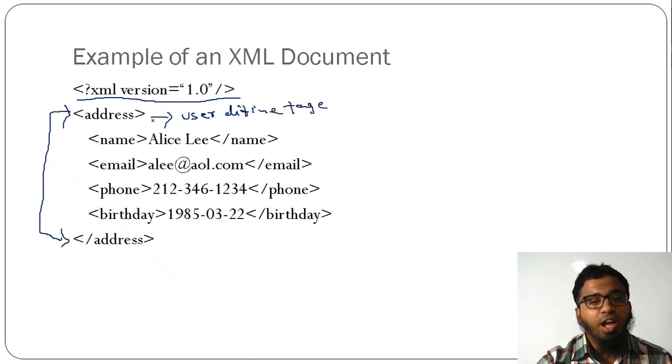Whenever the user is defining the tags, there are some rules that we are also going to see in this class. So here whenever you are creating user defined tags, this is a tag, and this is also a user defined name, email, phone number, birthday. So this is all defined by the user only.